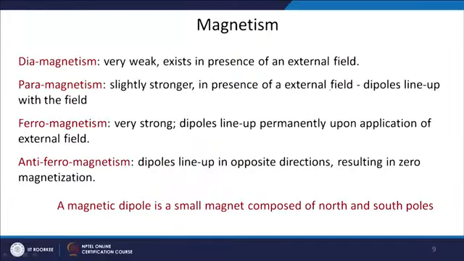Then there can be paramagnetism, slightly stronger than diamagnetism. In presence of external field, dipoles line up with the field. So, again in the presence of external field, you will see some magnetism, slightly stronger than diamagnetism.